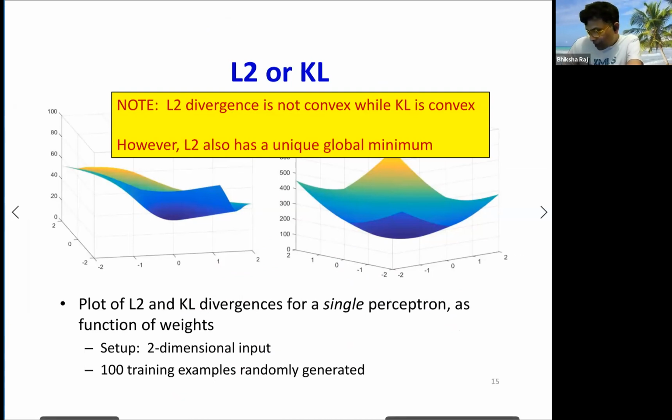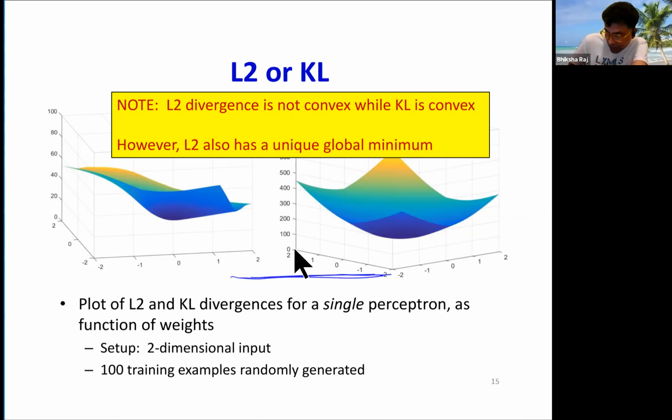Still, if you go deeper into the network, the behavior is going to become unpredictable for both divergences. Also, for regression problems, you really cannot use the KL divergence. But these plots alone should convince you that if you are performing a classification task, you should probably prefer the KL to L2.